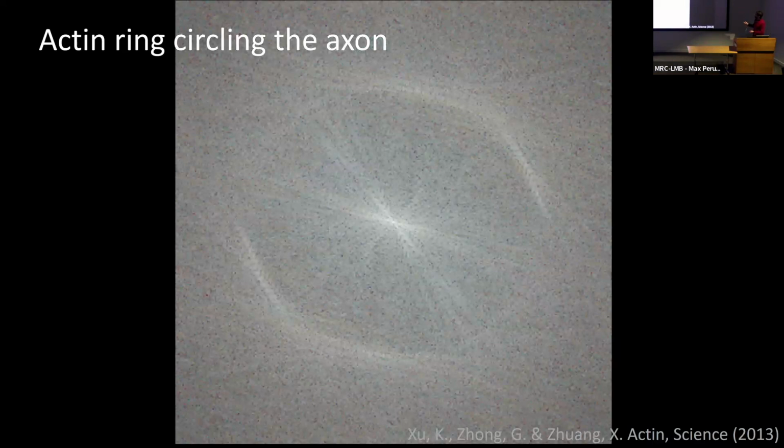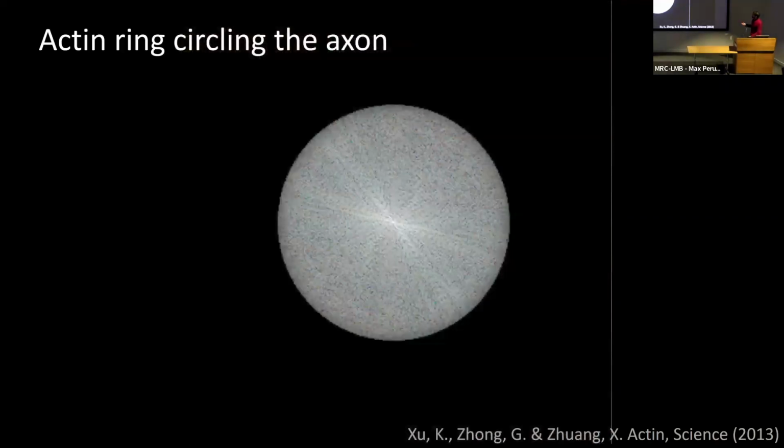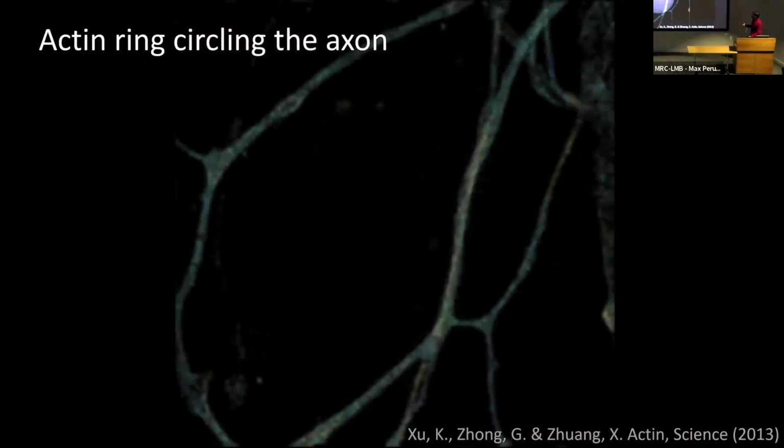This frequency here, which is very pronounced, corresponds to these rings. Our microscope will clip everything but the inside, and we will see only this. We can't see the rings. So again, it's the same idea.